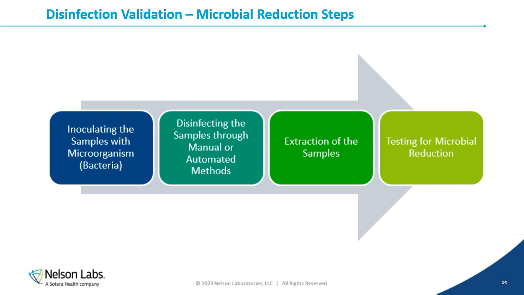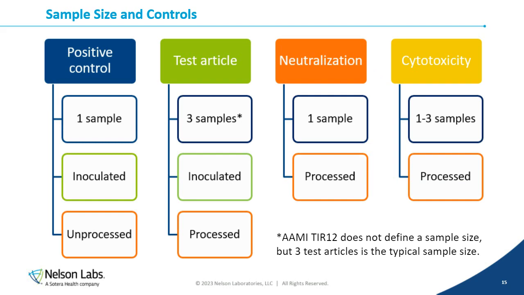For the sample size and controls for a disinfection validation, you will have 1 positive control. That's going to be 1 sample that is inoculated with the microorganisms, but it is not processed through the disinfection procedure.